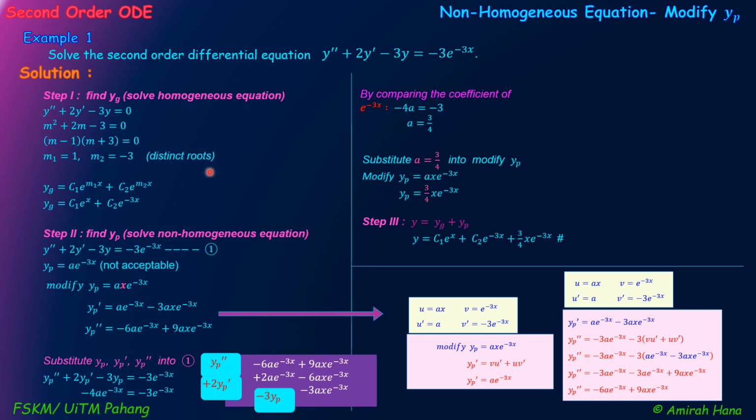We add yg here and yp here, so we got this. And this is the solution for yp prime. This is how to differentiate modify yp to find yp prime, and this is how we differentiate yp prime to find yp double prime.